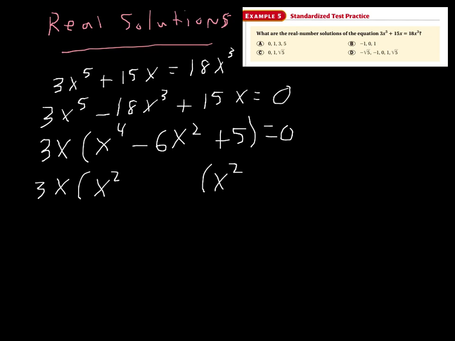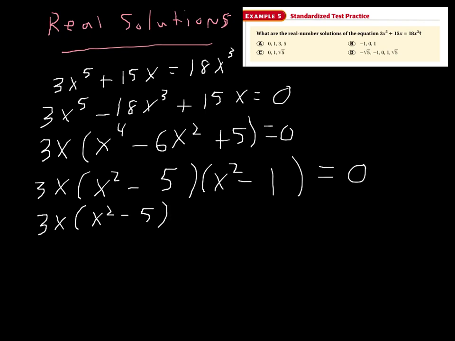And since it's a positive 5 at the end here, I know that both of my signs are going to be the same. Since it's a negative 6x squared, that means that both of these are negatives. Two numbers that multiply to 5 and add up to 6. Pretty simple, 5 and 1. And so we have 3x, x squared minus 5. And then the x squared is the difference of perfect squares. So we have x plus 1 and x minus 1 equals 0.